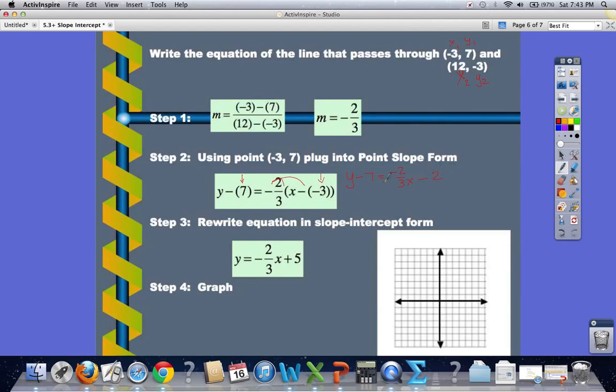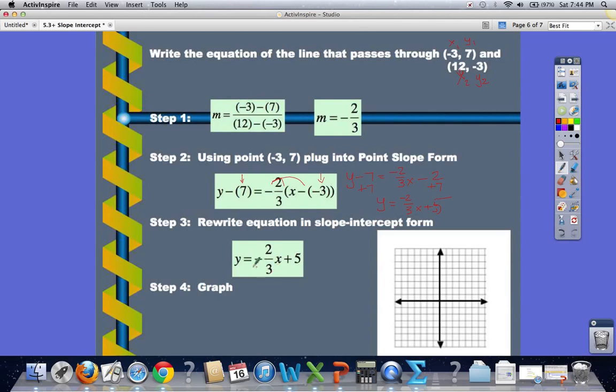So then you solve for y, so I'm going to add 7. Add 7, you will end up with y is equal to negative 2/3 x plus 5, which is what I wrote right here.